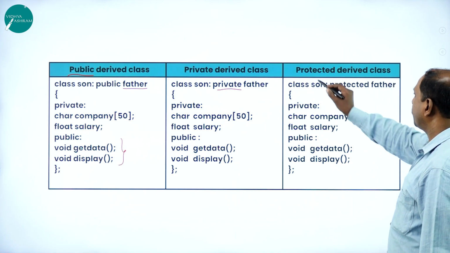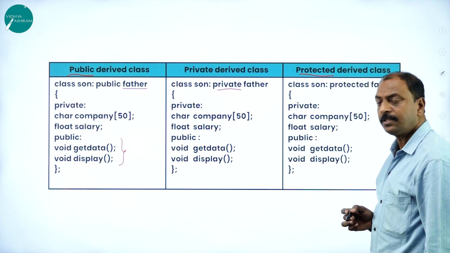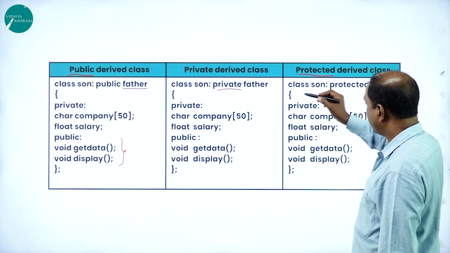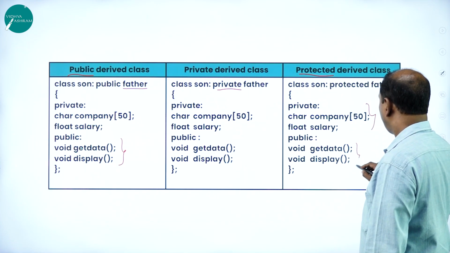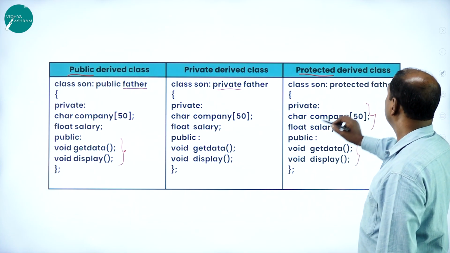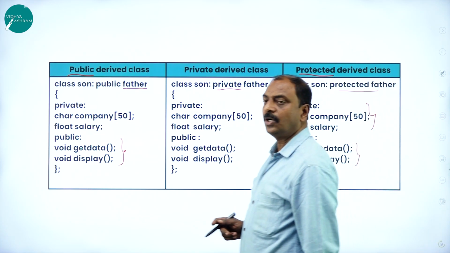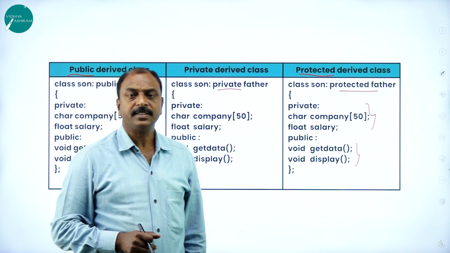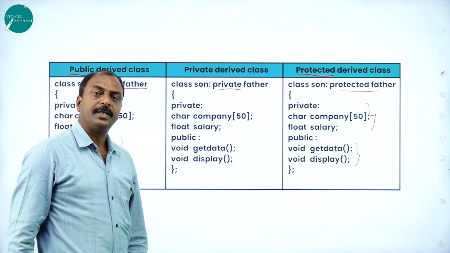Next one is the protected derived class. The visibility mode is protected here. Open the bracket, and these are all the data members and member functions of the derived class son, which is derived with protected visibility mode. See, this is how to define a base class and derived classes with different visibility modes.